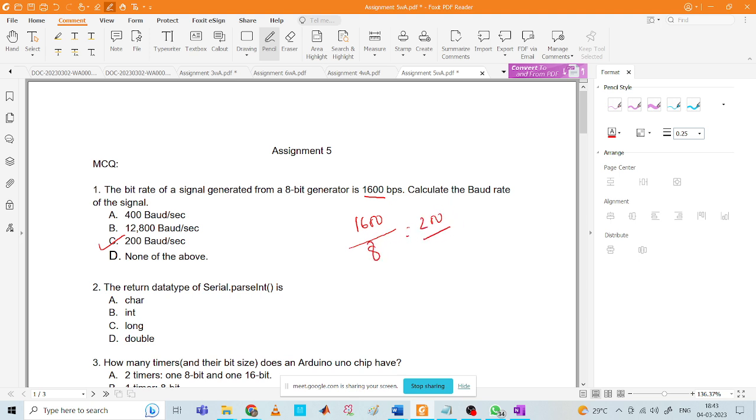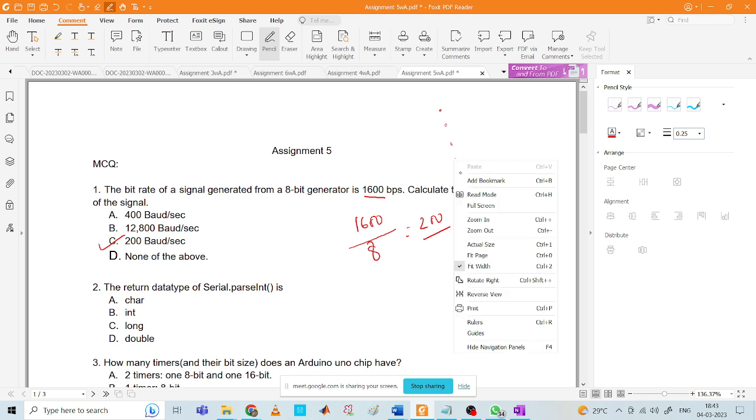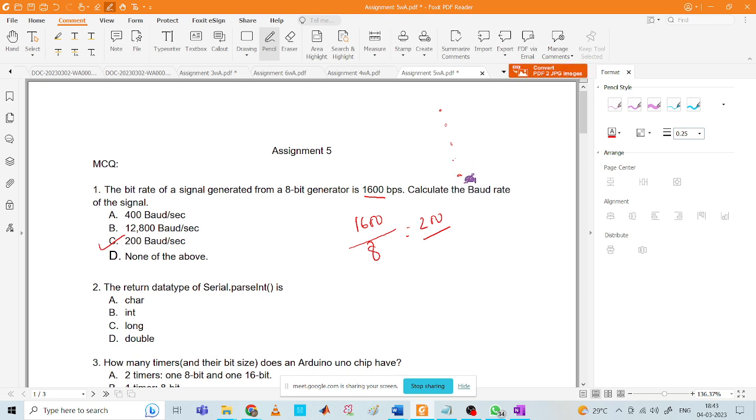But why is this like this? So it is an 8-bit generator. So you have 8 bits getting generated at the same time. And this is at 1600 bits per second. Now 8 bits out of them are grouped because it is an 8-bit generator.